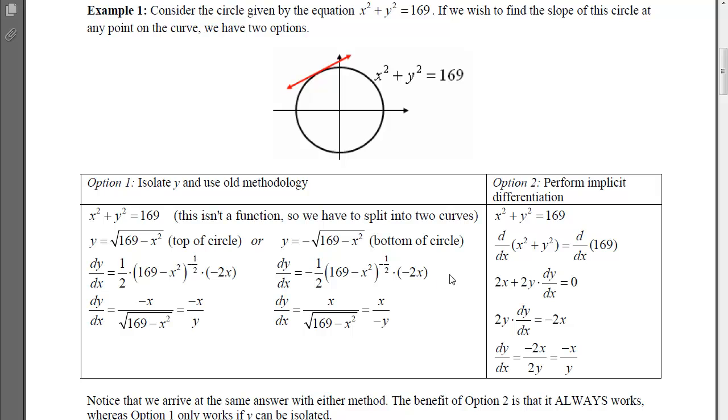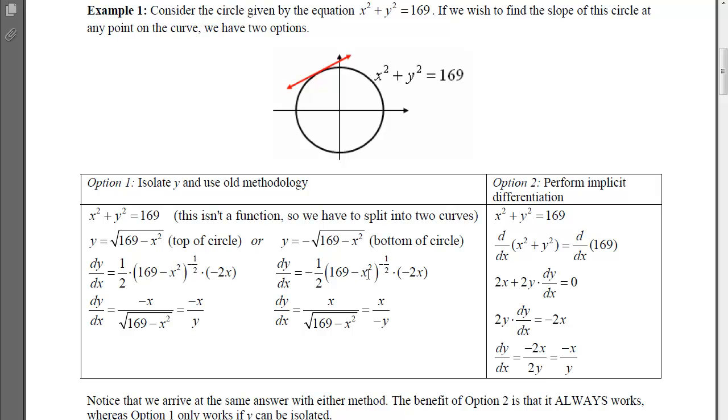So now to take the derivatives, I would do the derivative of y with respect to x. I'd have to apply the power rule first, so there's that 1/2 times the inside unchanged raised to the negative 1/2, and then we use the chain rule and multiply by the derivative of this inside with respect to x.